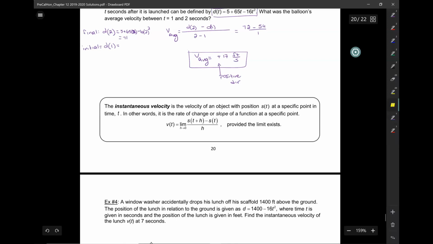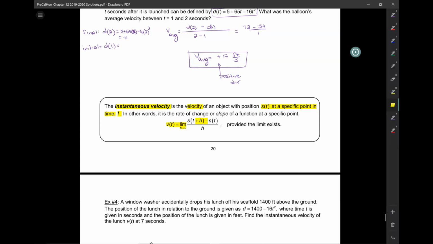Now, the instantaneous velocity, remember, is the velocity at a specific point in time. So the rate of change, the slope of the function at a specific point.